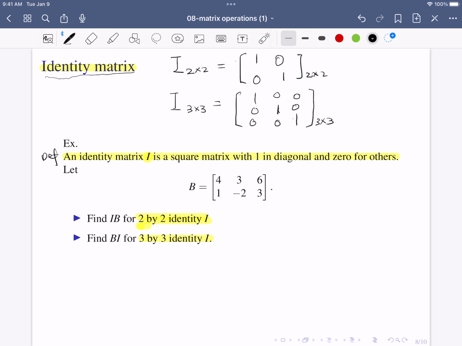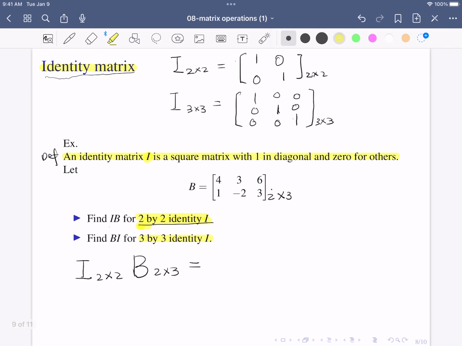Now we are given another matrix B, which is 4, 3, 6 in the first row and 1, negative 2, 3 in the second. Now we are looking at the multiplication of IB. So I is a 2 by 2 matrix. B is a 2 by 3 matrix. We want to multiply them together. Before we multiply, we want to justify whether this multiplication makes sense, or is well defined.